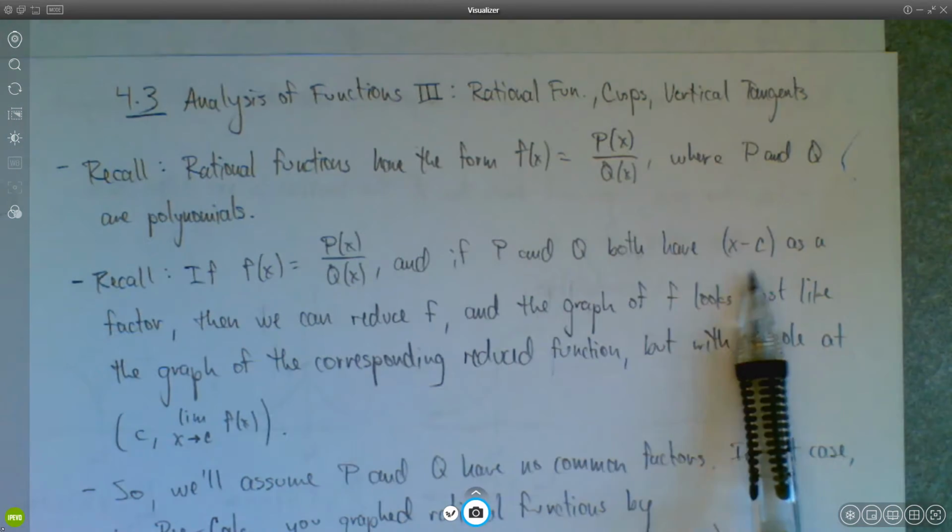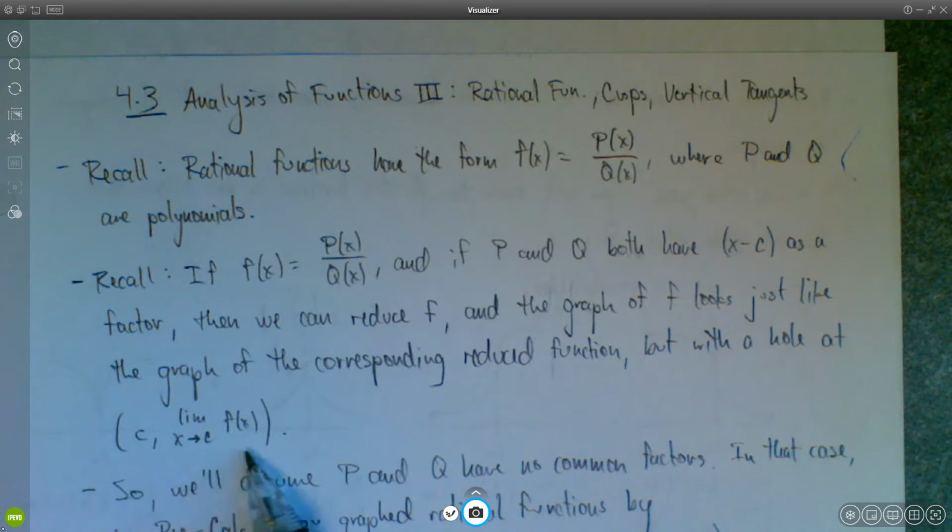So it's going to have a hole at c, and then the limit as x approaches c of f of x gives the y value at that location. You know this from your pre-calculus days, even if you didn't use this notation to describe the point where the hole takes place. But this is the concept.